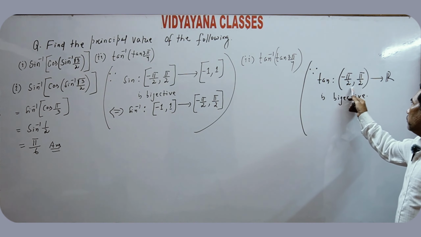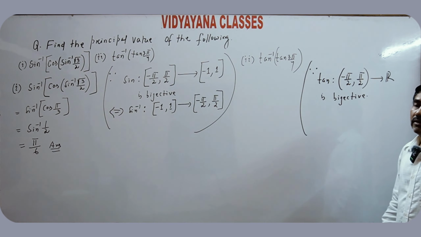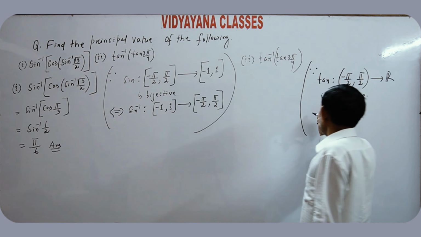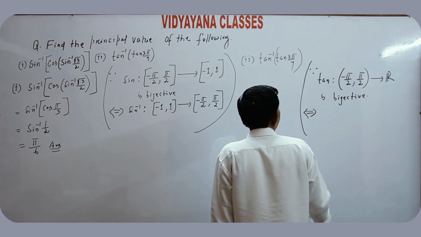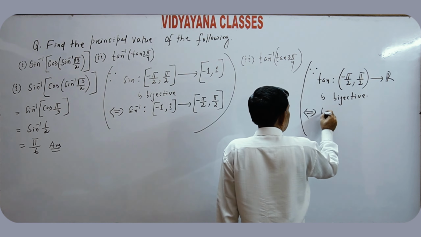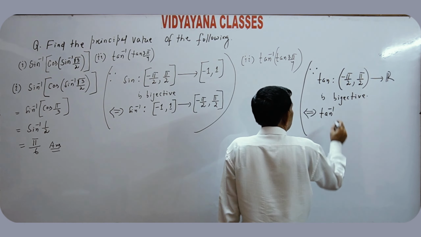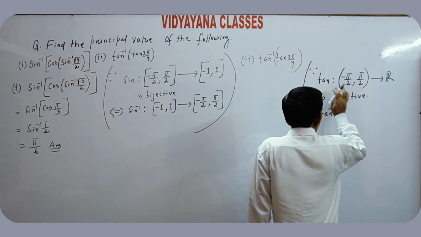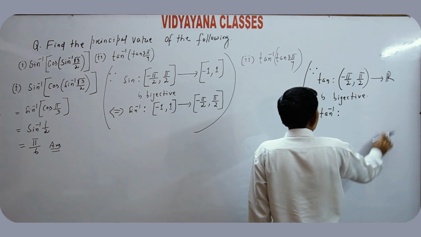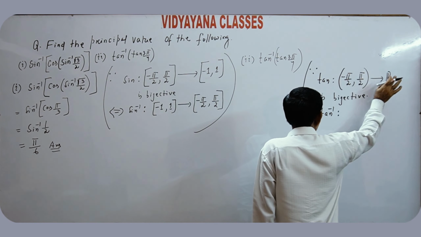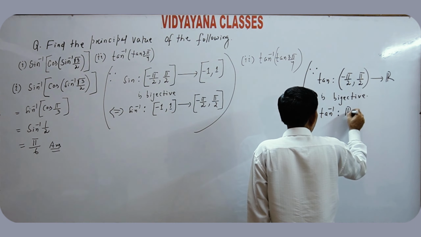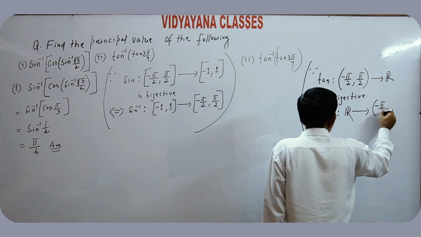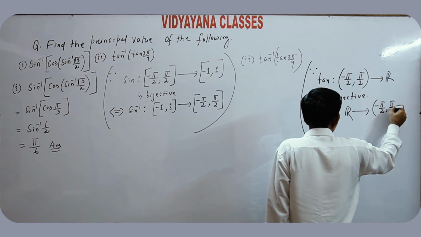When tan is defined from this set to this set, it is bijective, which implies its inverse exists. So tan is defined from this set to this set, and its inverse is defined from the set of real numbers to the open interval (-pi/2, +pi/2).